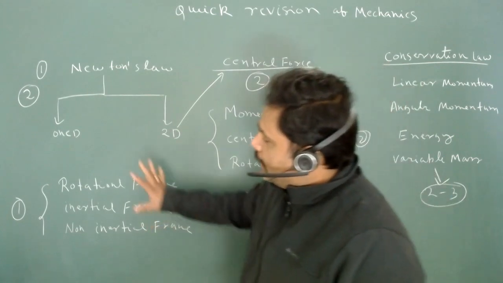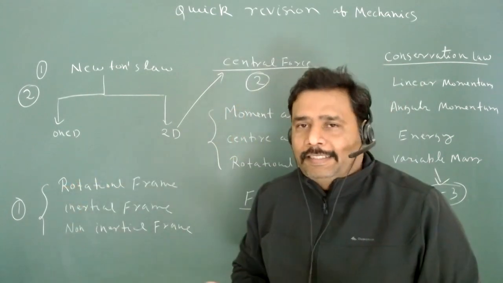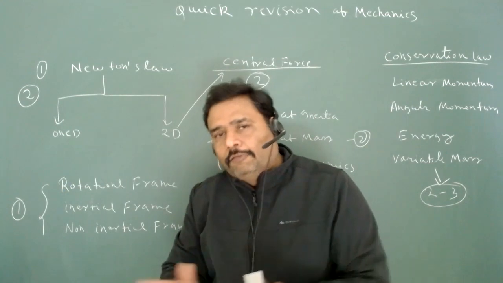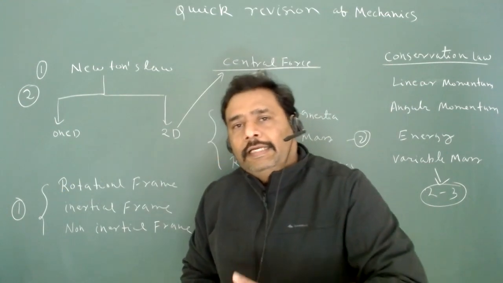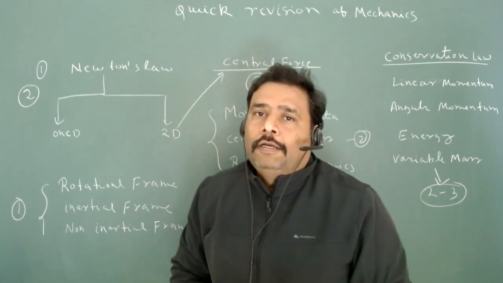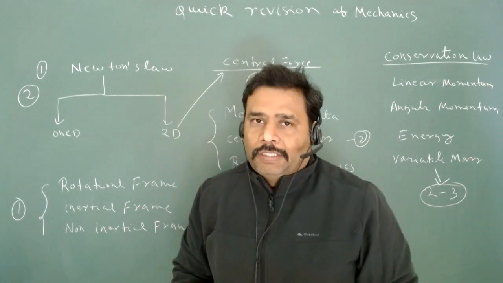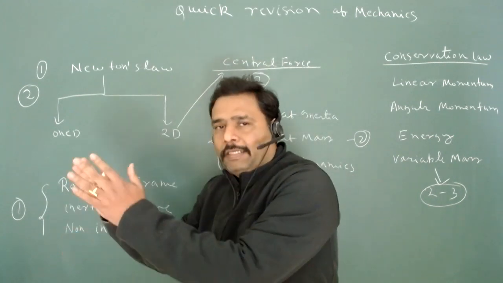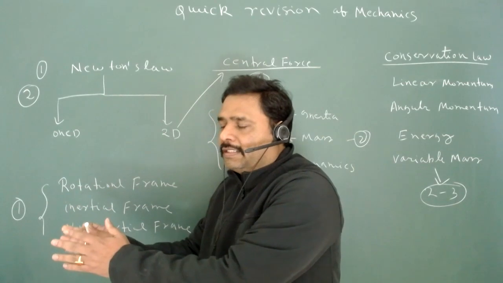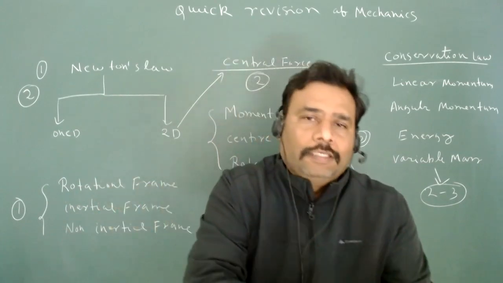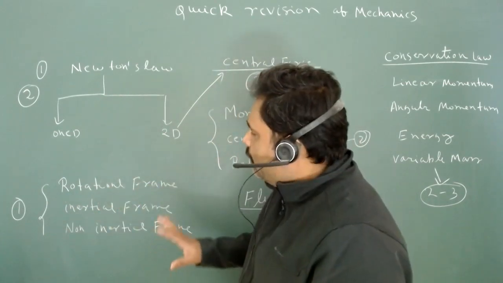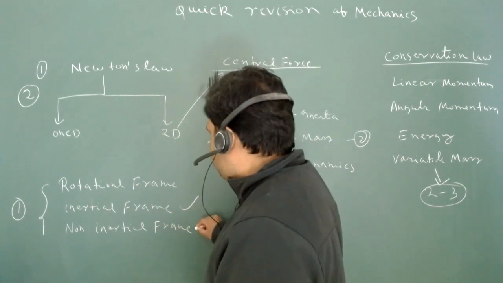And then there is one very interesting thing I have seen in the last 2 or 3 years. They are giving questions based on reference frames: if some measurement in one reference frame is given by this, then what will be the measurement in the other? So we have inertial frames as well as non-inertial frames.